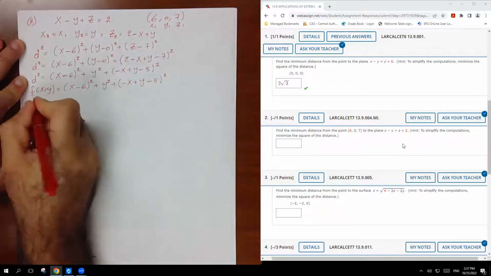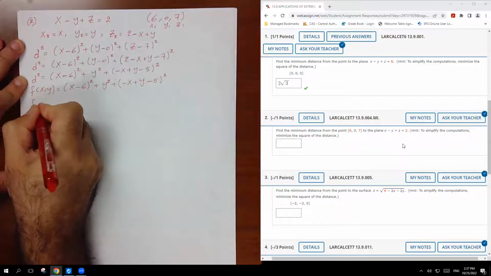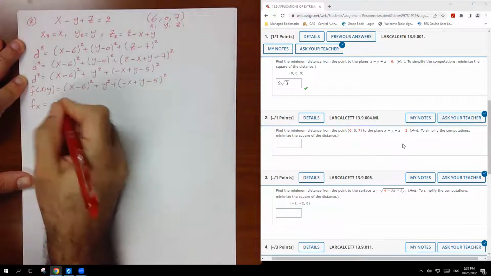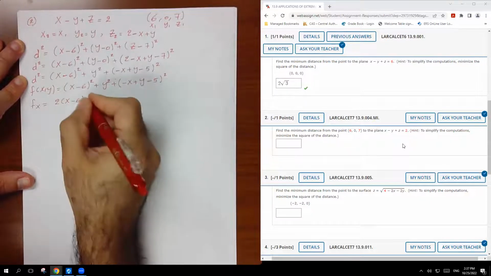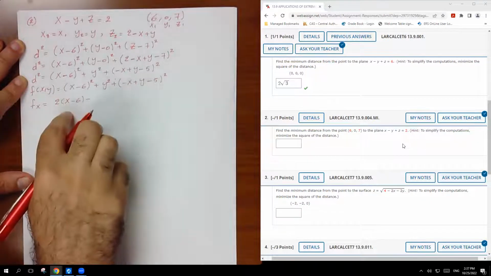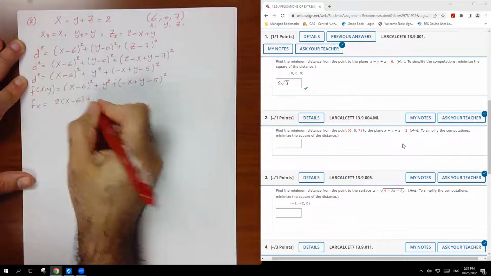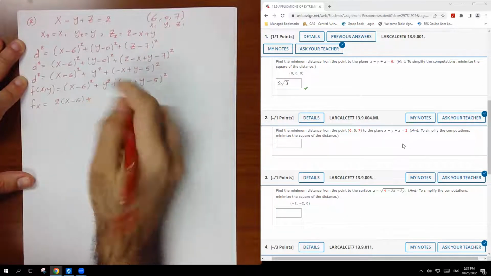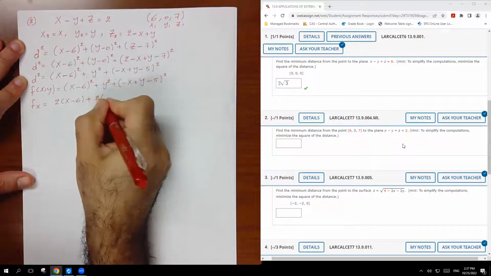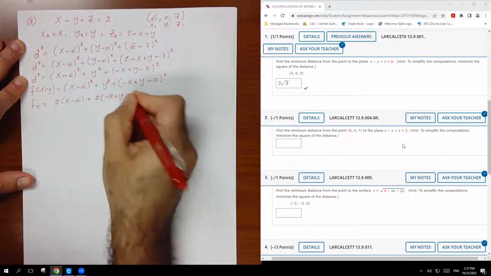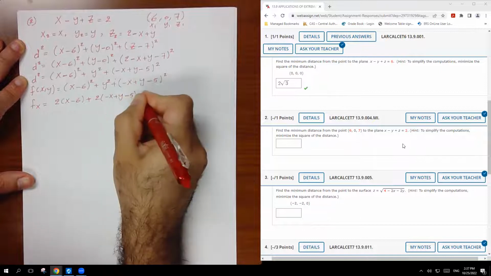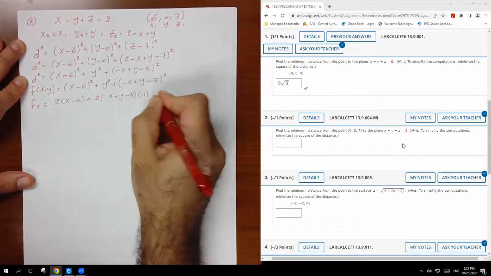Then you're going to find f sub x, the derivative with respect to x: 2 times (x minus 6). The derivative of the inside with respect to x is 1. So plus, this is 0. The derivative for this one is going to be 2 times (negative x plus y minus 5) times the derivative of the inside, which is negative 1.